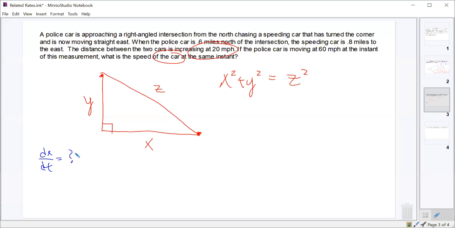Do we know, let's say, dy dt or dz dt? We know dy dt. Okay, what's dy dt? That's how fast the police car is going, right? And what would that be? 60. All right, now let me ask you a question about that real quick. Is this distance y getting larger or getting smaller?